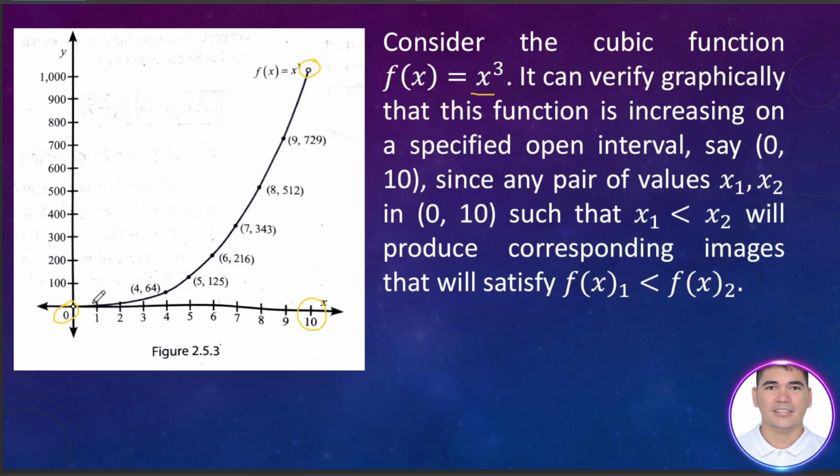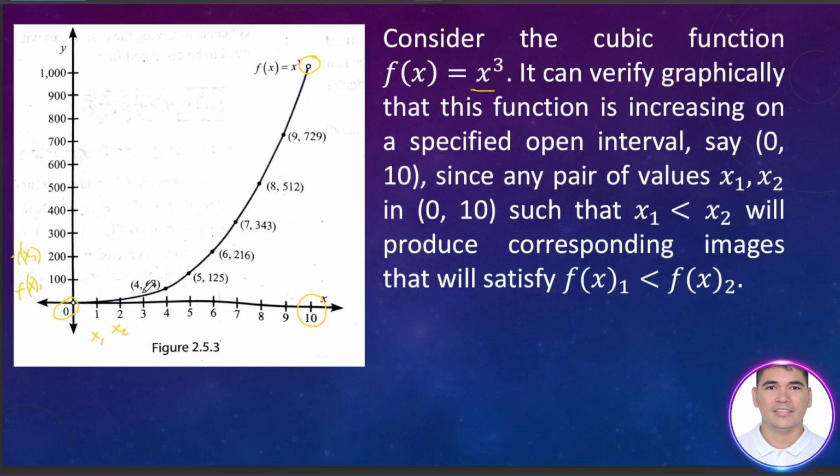For example, if 1 is our x sub 1 and 2 is our x sub 2, then f of x sub 1 is 1 and f of x sub 2 is 8. So f of x sub 1 is less than f of x sub 2 and x sub 1 is less than x sub 2, so the function is increasing.